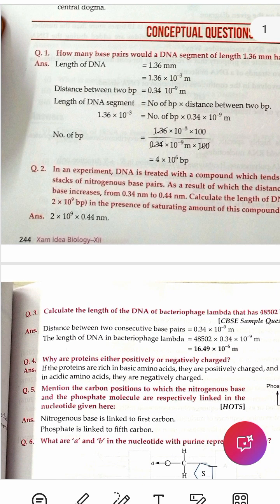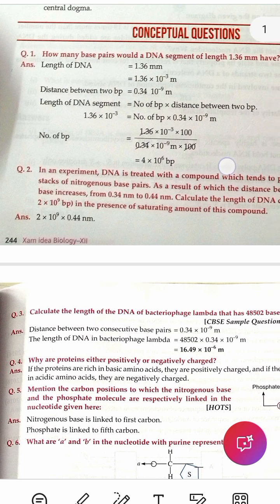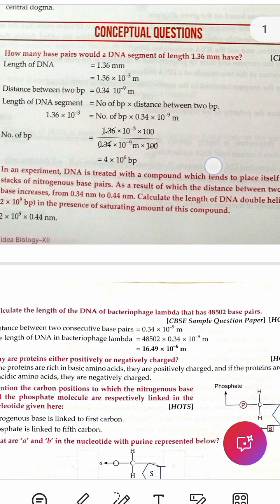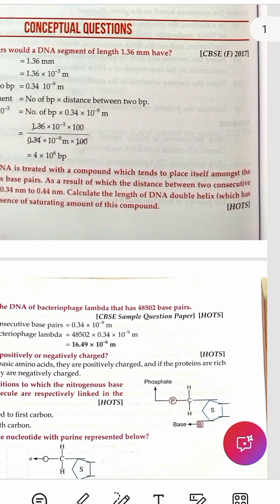So this question can be solved by the same formula, like the above question. In this question, the base pairs are given and the distance between bases is also given.